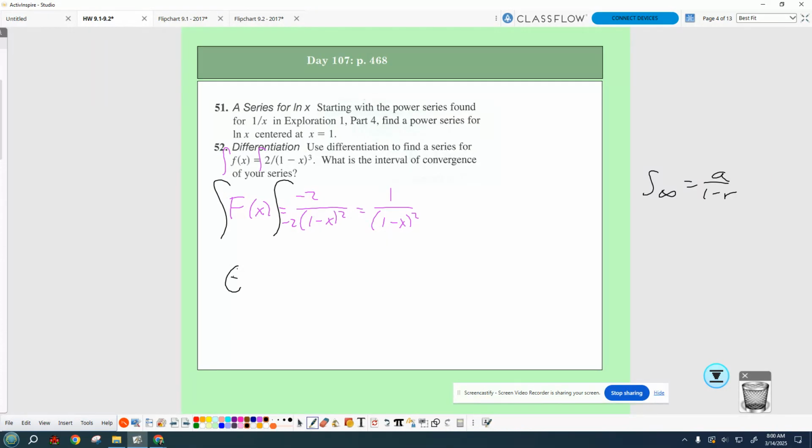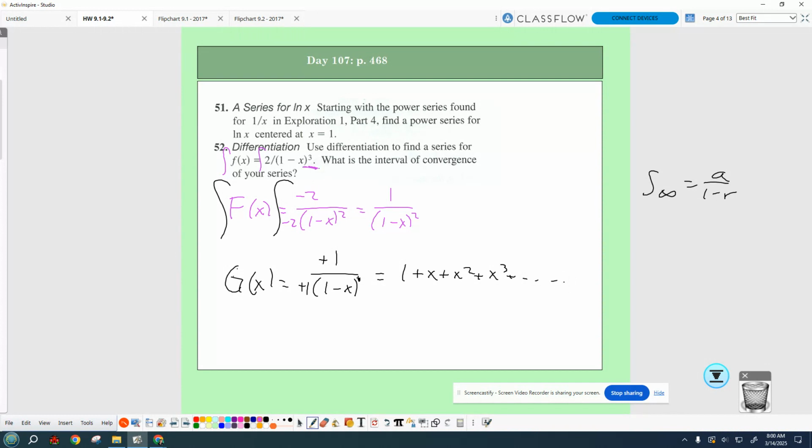I don't know, g of x. Raise the power, divide by the new power, and divide by the derivative of the stuff inside. Now this looks like the pattern. Okay, so how do I get this guy's series?